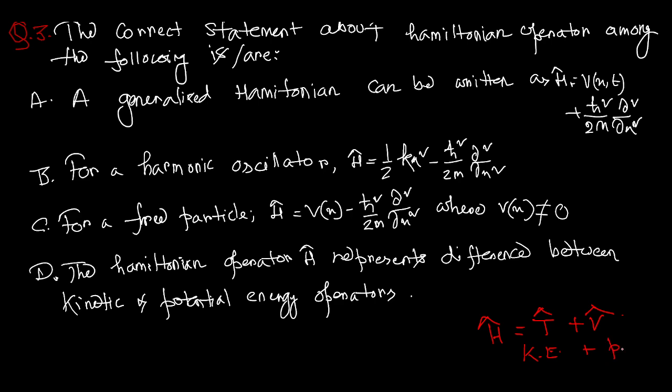This is what I have shown you, and potential energy is a function of x and t. So the first option is incorrect.